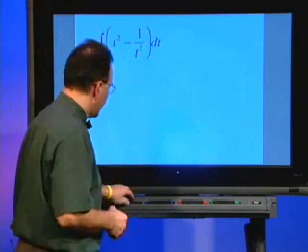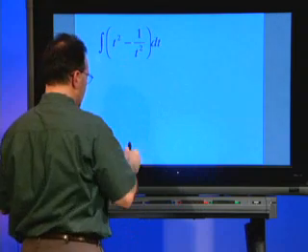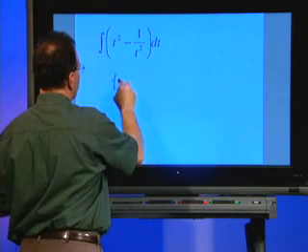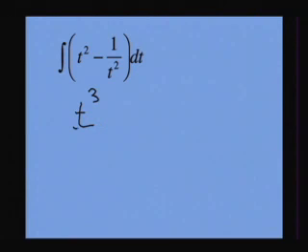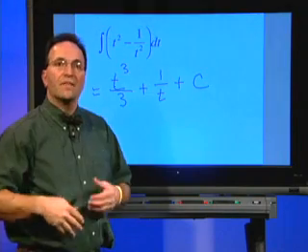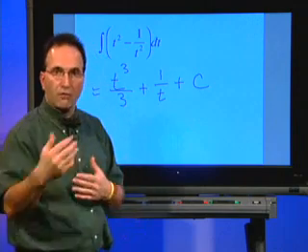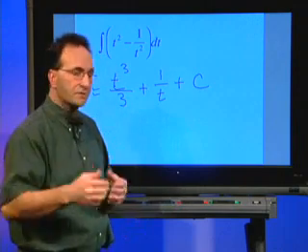So here we have that this will be equal to t cubed over 3 plus 1 over t plus that constant c. And so that's what that integral would be equal to. That's something that ought to look familiar to you since we've been doing these already during this course.